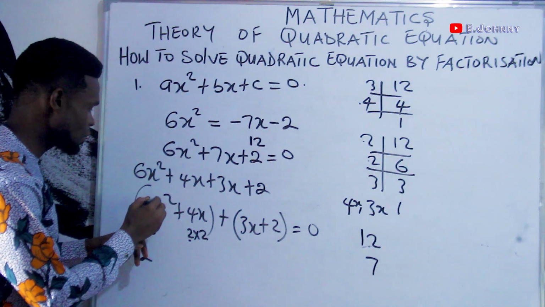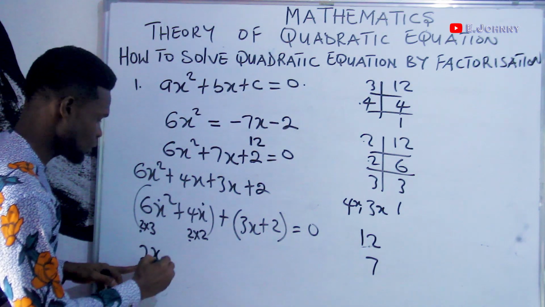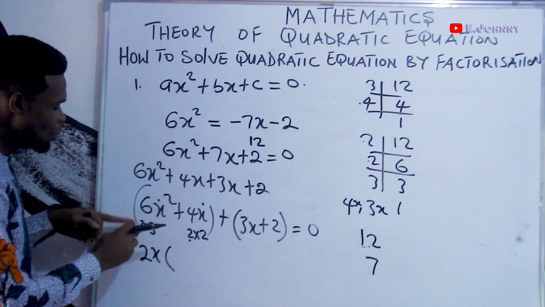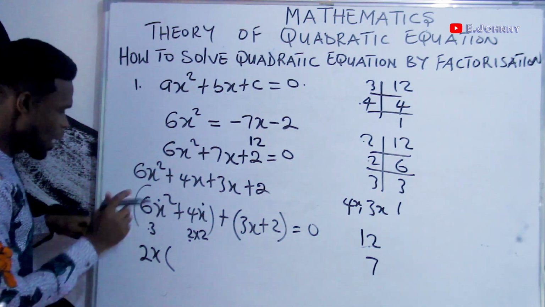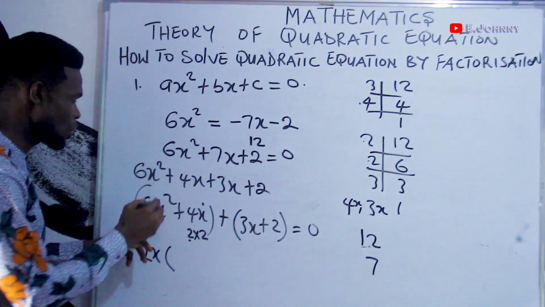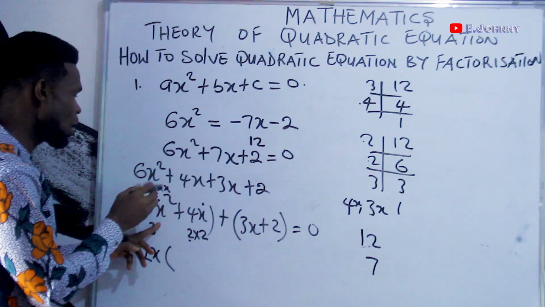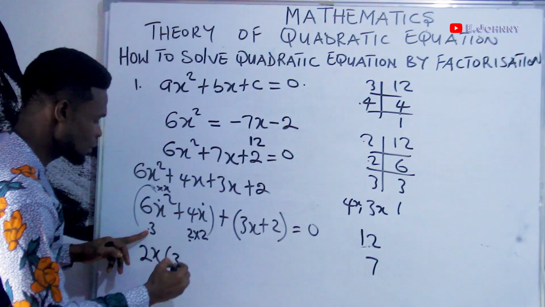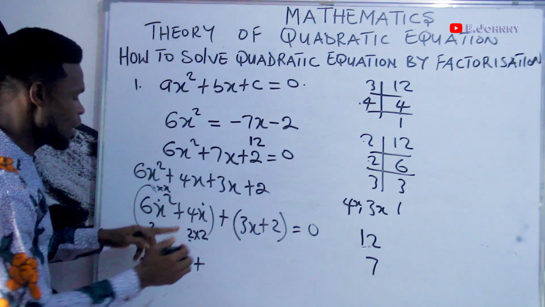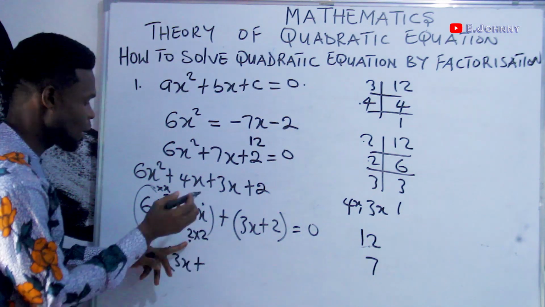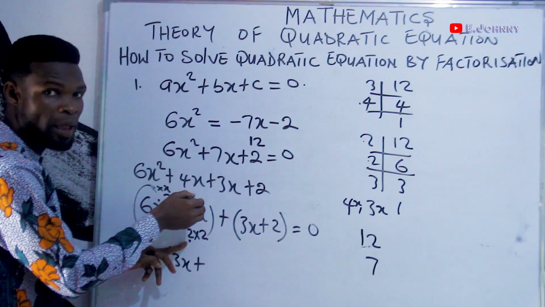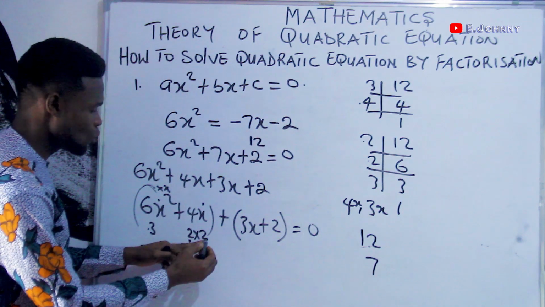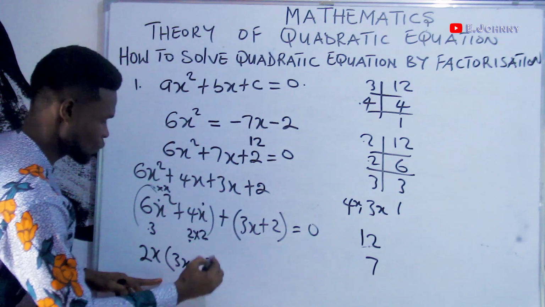So x is here, x is here. I'll factor out x, having factored out 2. And then because this x squared is x times x, I have factored out 1x. I'm left with 1x times this 3, which is 3x, plus I have factored out 2. I have also factored out x, so I'll be left with 2 only. Look at it, plus 2.